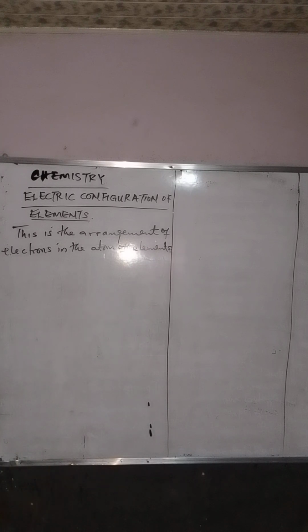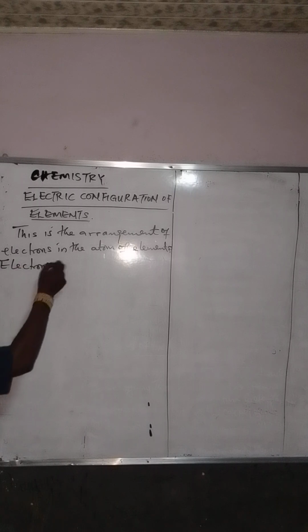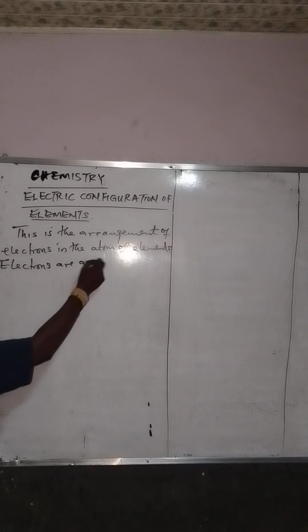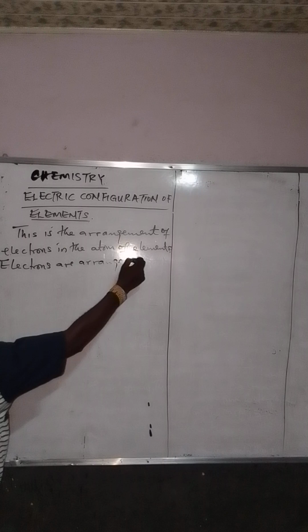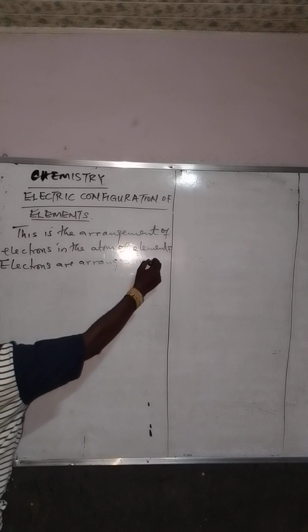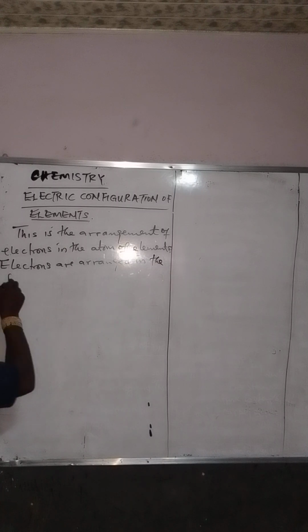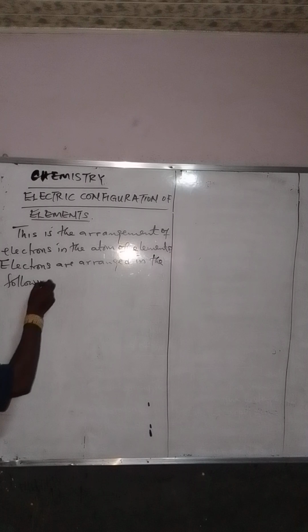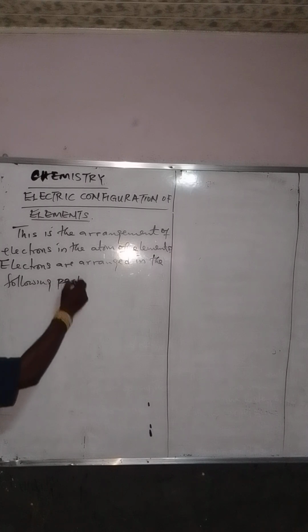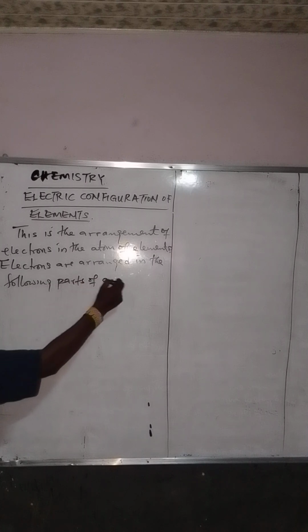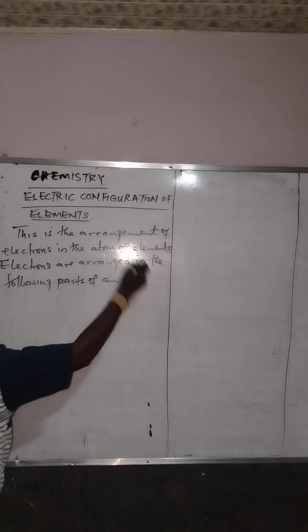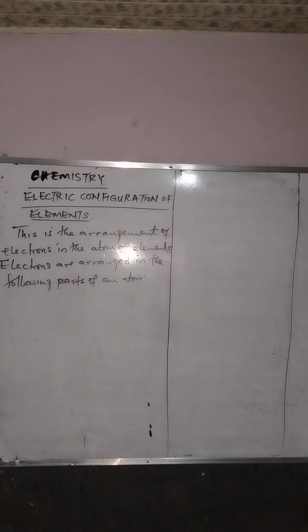Now, electrons are arranged in the following two parts of an atom. Only two parts. There are only two parts where you can find electrons.